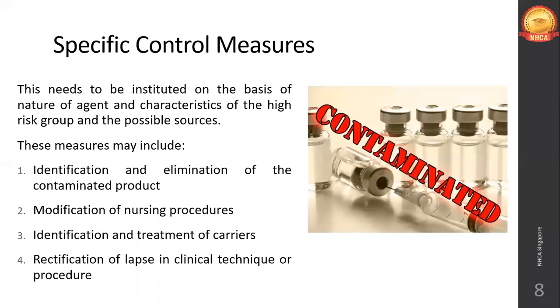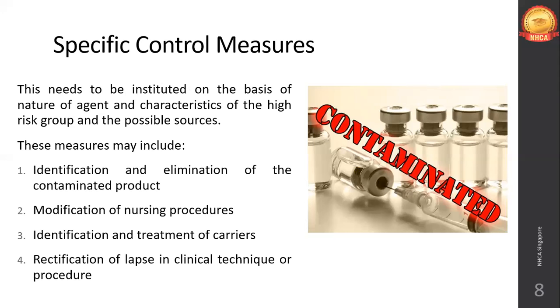Then specific control measures. After you have understood the exact causative agent, the pathogen which is affecting the risky people, and also the source and route of transmission, specific control measures will be put into place. These need to be instituted on the basis of the nature of the agent, characteristics of the high risk group, and possible sources.